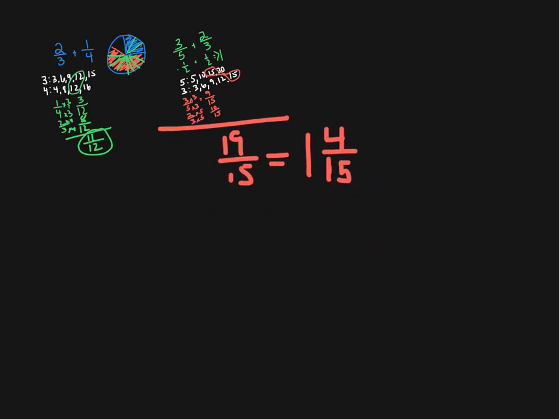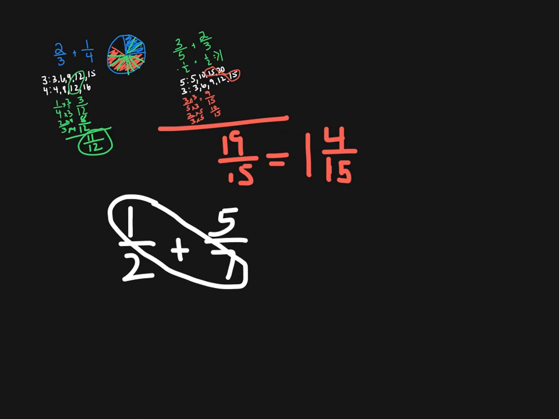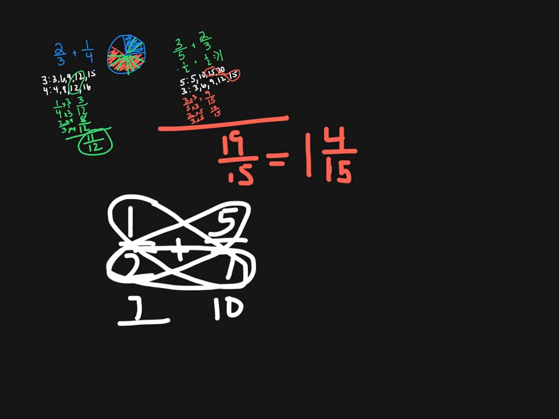So with that, if I have, say, 1/2 plus 5/7, what you can do is we're going to kind of multiply this way. So 7 times 1 would be 7. 2 times 5 would be 10. And then what I suggest doing here is then 2 times 7 gives us 14.